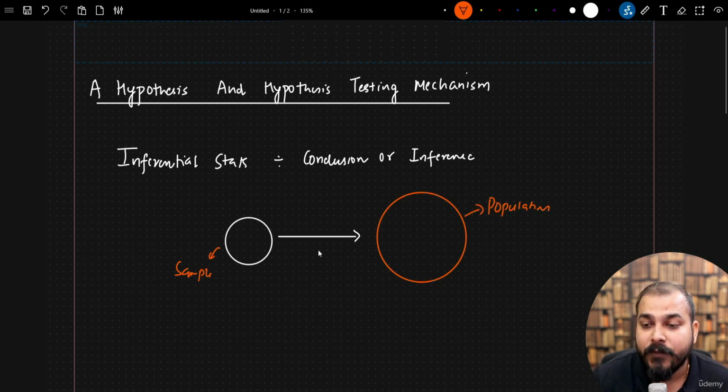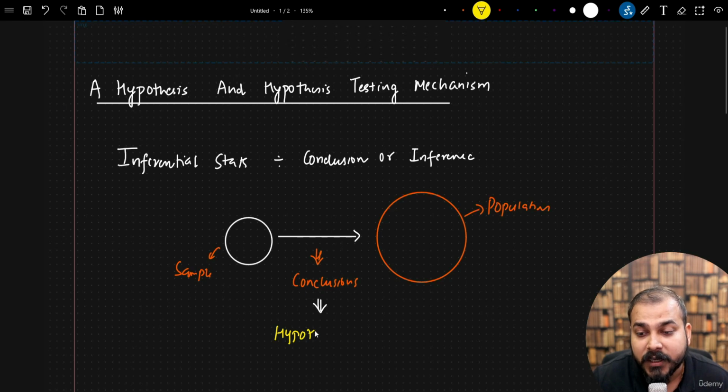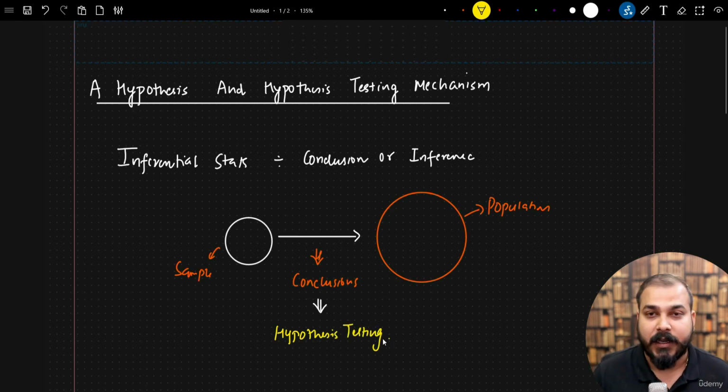And what is the main aim? We come up with some kind of conclusions or inferences. And how do we come up with them? For this we use something called hypothesis testing.